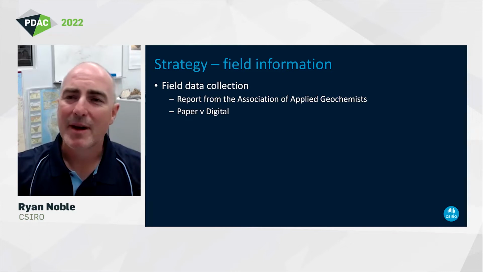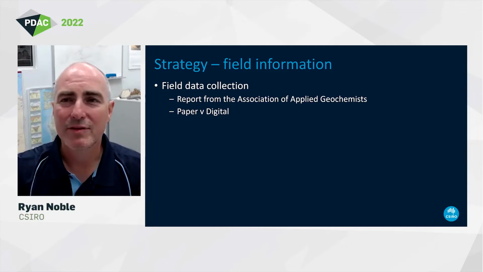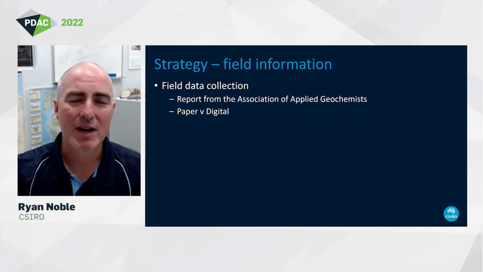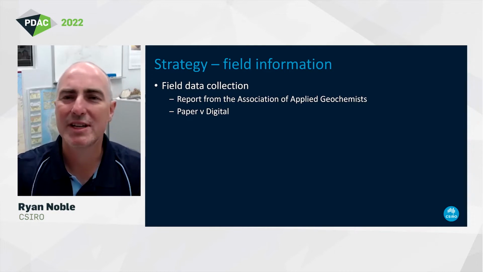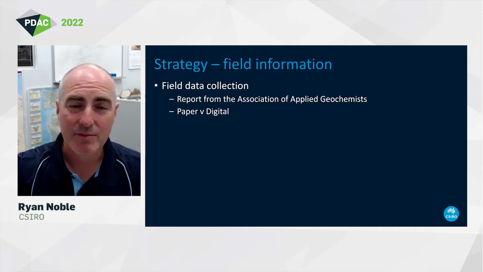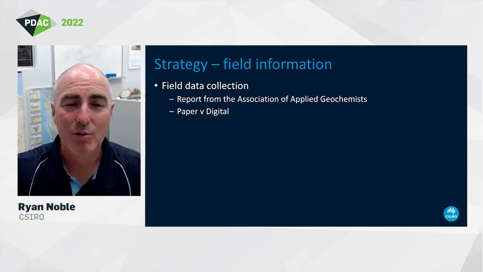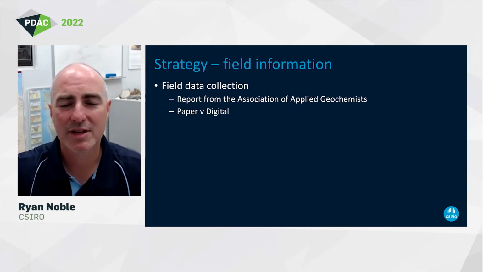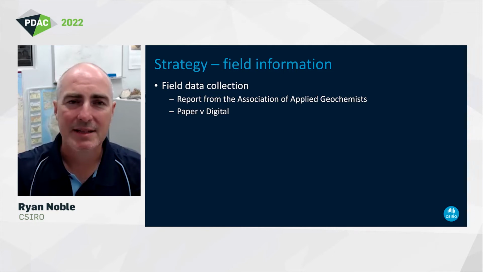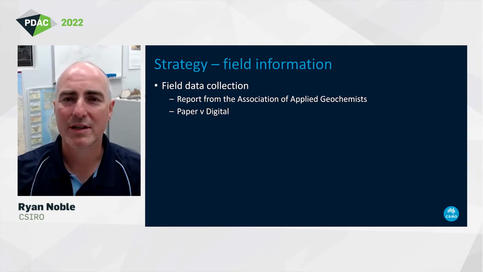And then there's the information you might want to collect while you're in the field. So that's the other part of the strategy, understanding what information you need to get while you're in the field. There's a recent report being generated, or an update of an older report, from the Association of Applied Geochemists. And in that, it's all about reporting geochemical data.